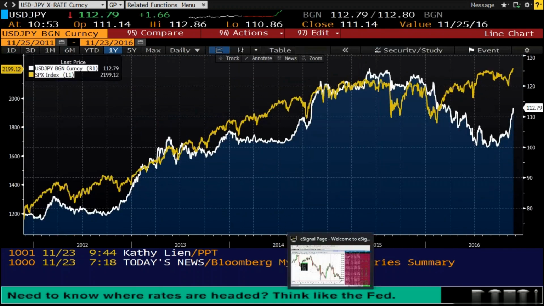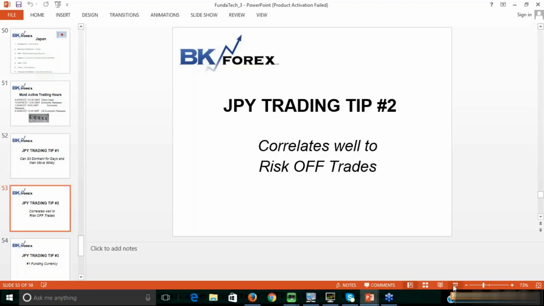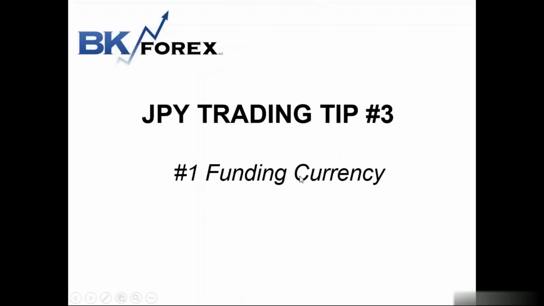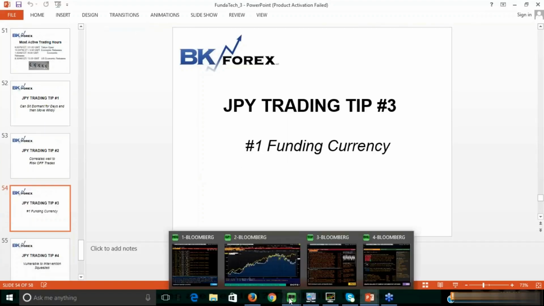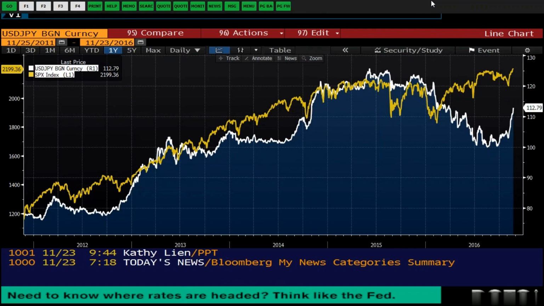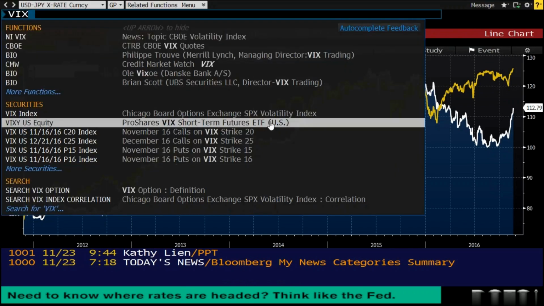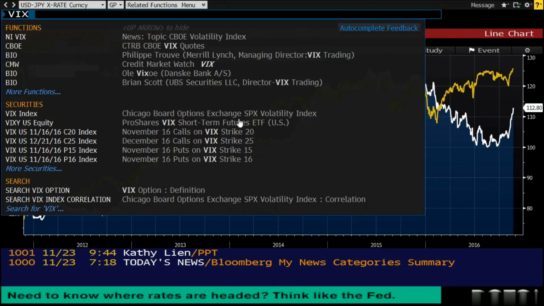So typically when U.S. stocks rise, it tends to be very good for dollar yen. The yen is a funding currency. So when investors are nervous, they will bail out of the dollar and go into the Japanese yen.